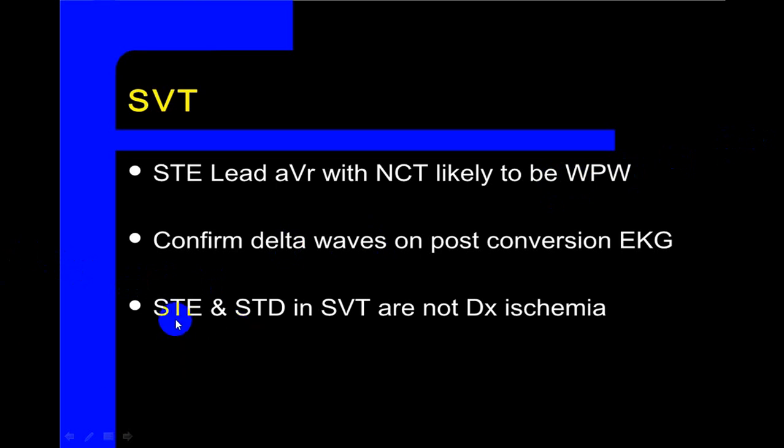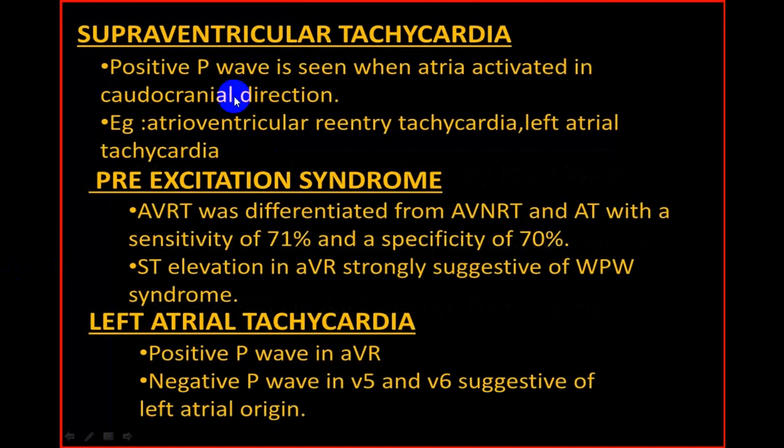And if there is ST elevation or ST depression in SVT, they are not due to ischemia; they may be non-ischemic. So this is a difference between supraventricular tachycardia, pre-excitation and left atrial tachycardia. I have already given you this before, but you can go through this slide again.